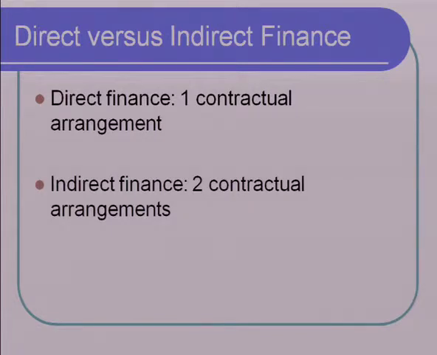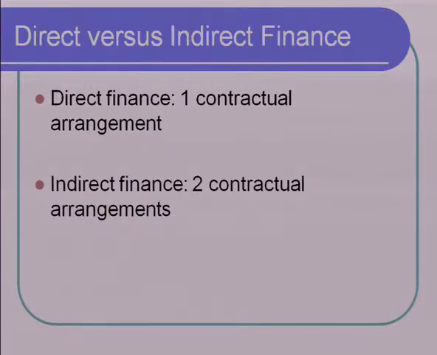So there are two contractual arrangements. One is that the commercial bank has a legal obligation to pay out your deposit. And then there's a contractual arrangement between the bank and the borrower that the borrower repays the loan.